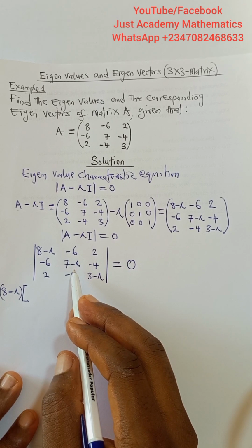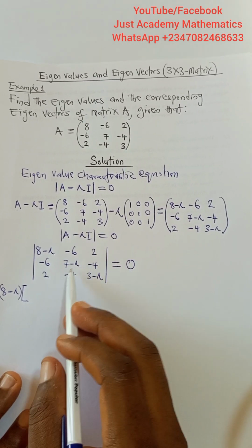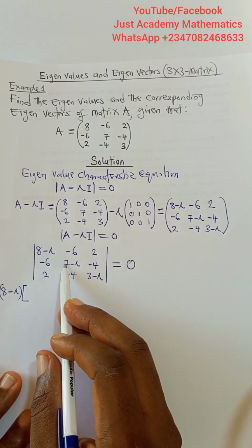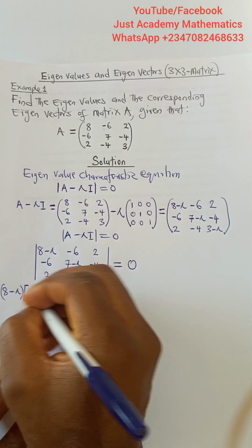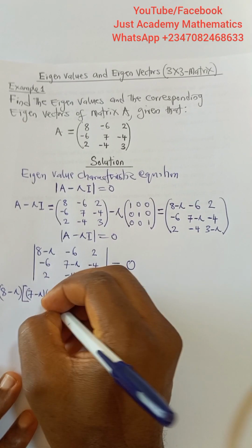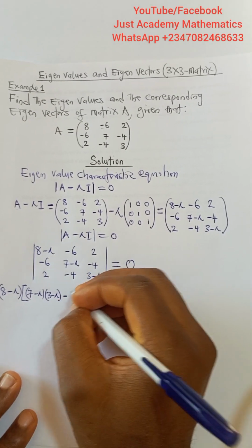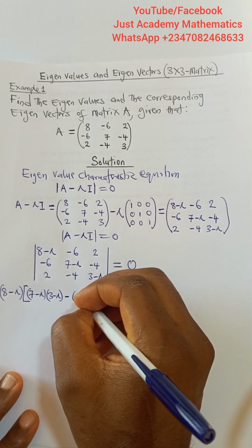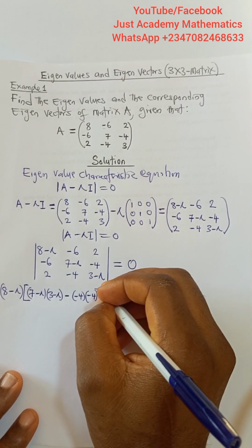If you don't know the 3 by 3 determinant, go and see the video. So we have the determinant of this, which is 7 minus lambda times 3 minus lambda, then minus 4 times minus 4.